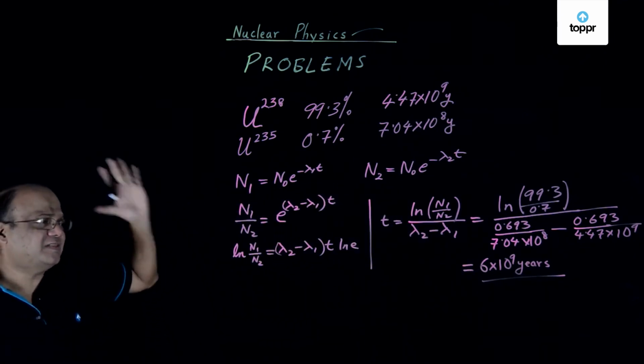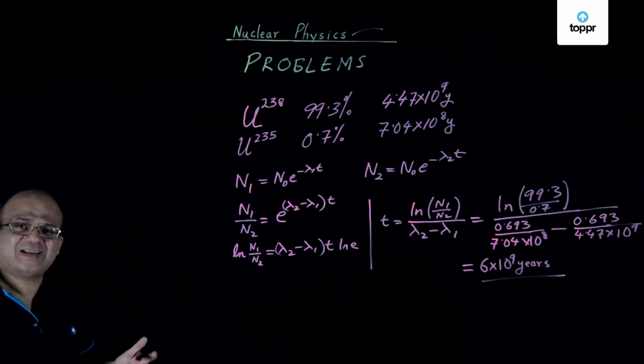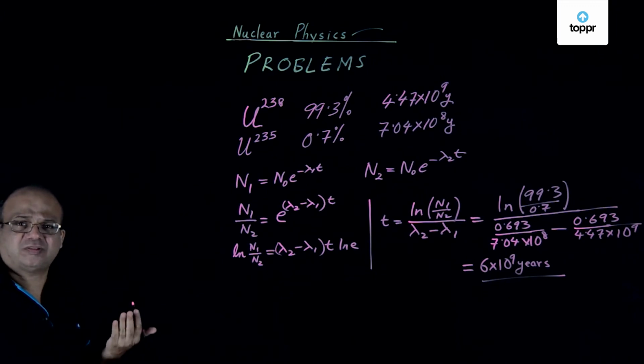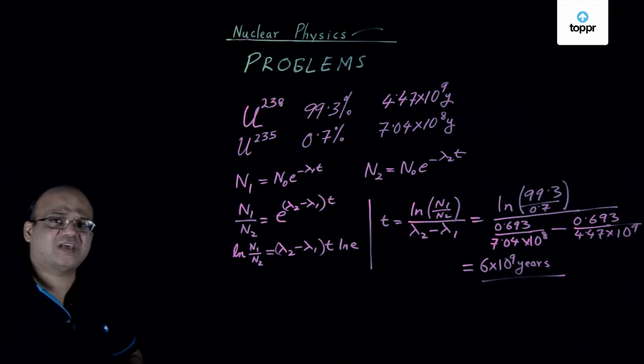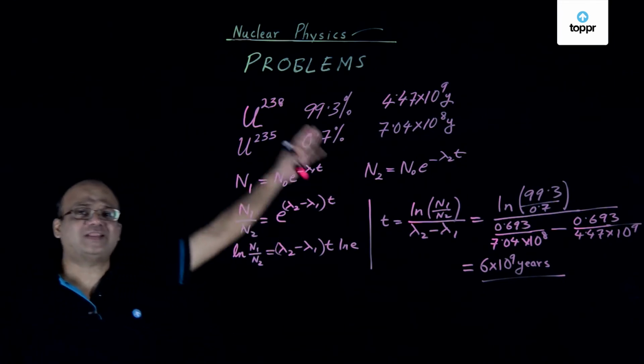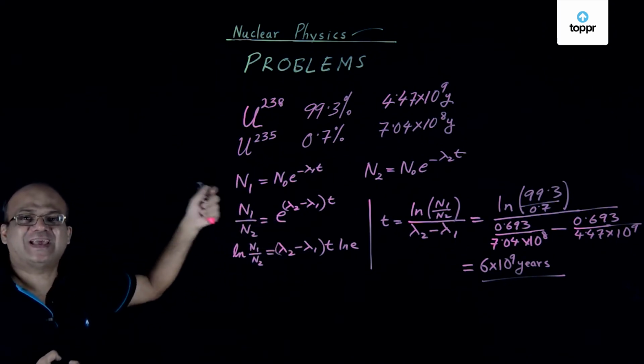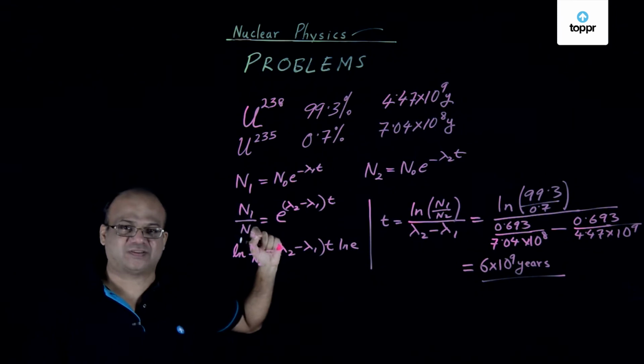So, in this question, it was told to us that 99.3% is uranium-238 and 0.7% is uranium-235 at the present time. Assuming that these two isotopes were equally abundant when the earth was formed, estimate the age of the earth.